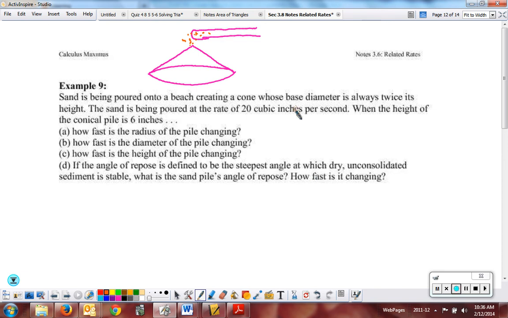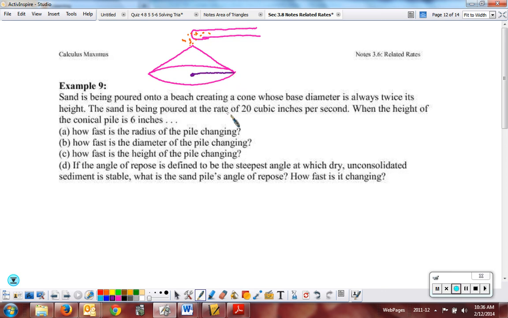All right, so we're pouring it. We're creating this cone. A couple pieces of information we want to start putting on our picture. Your base diameter is always twice your height, which is a fancy way of saying your height is the same as your radius.